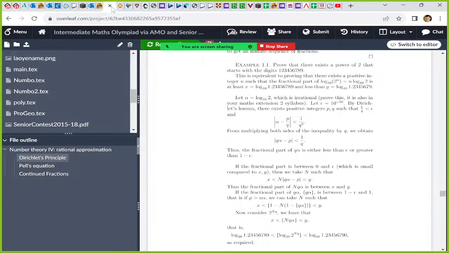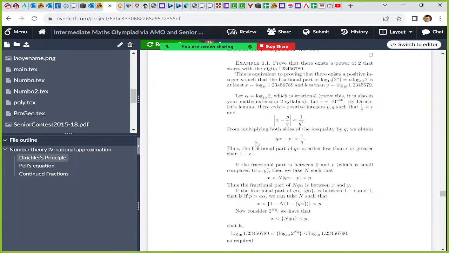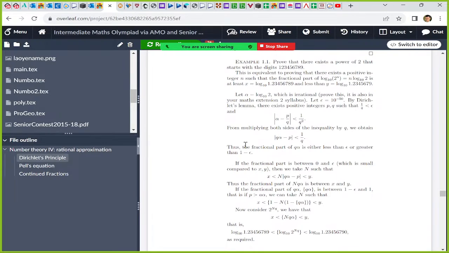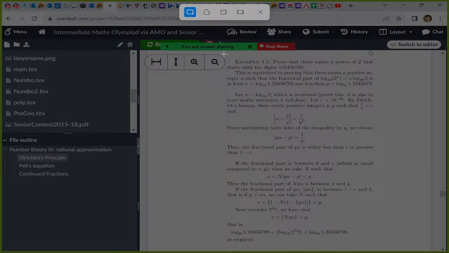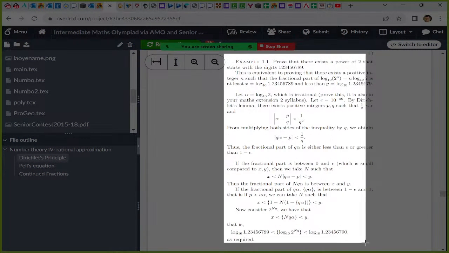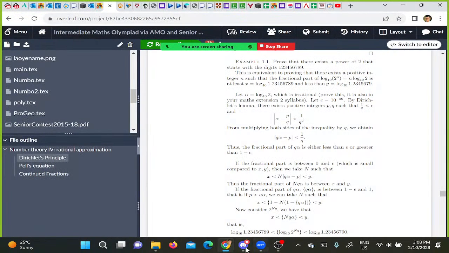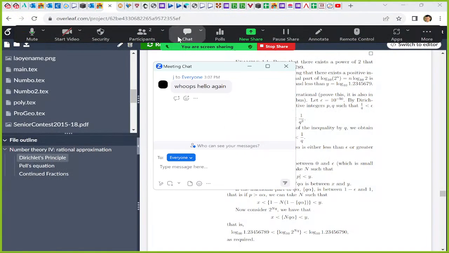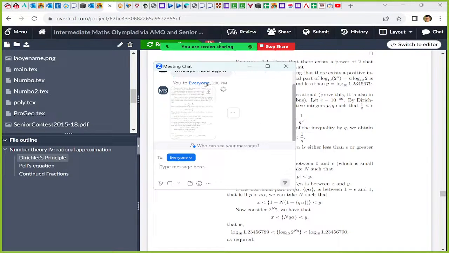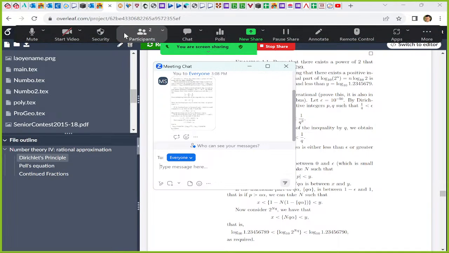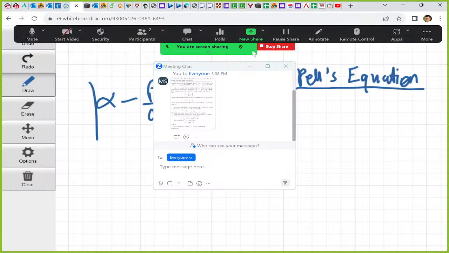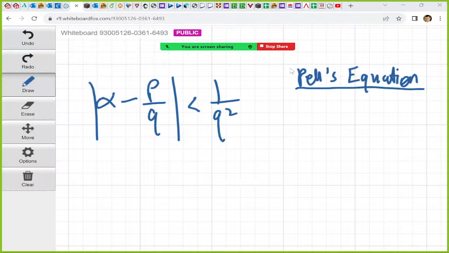And then we did this example here. I'll just paste it in the chat.